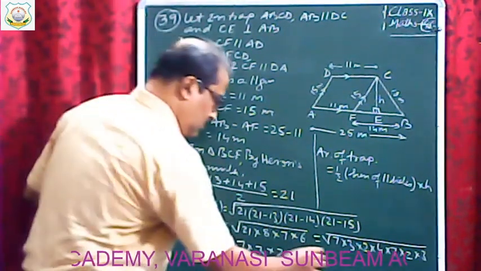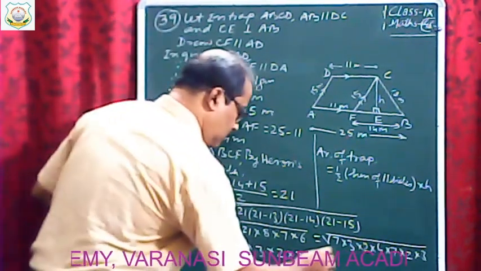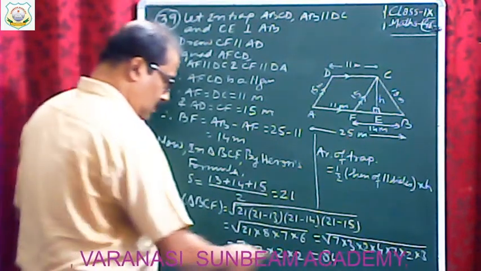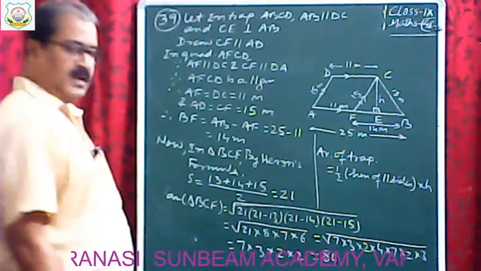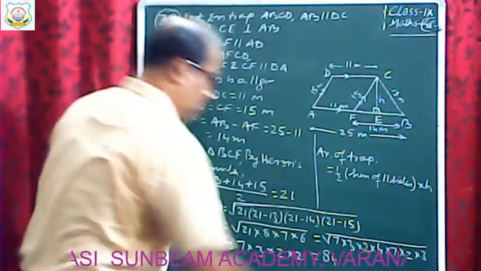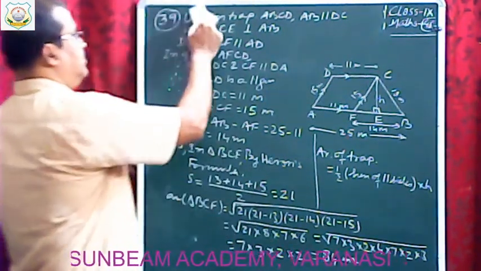So finally what we get? 84. Okay. So 4 times 3 we get 12, 12 times 7 is 84. Area of triangle BCF we get 84 meters square. Okay, and thereafter required space.